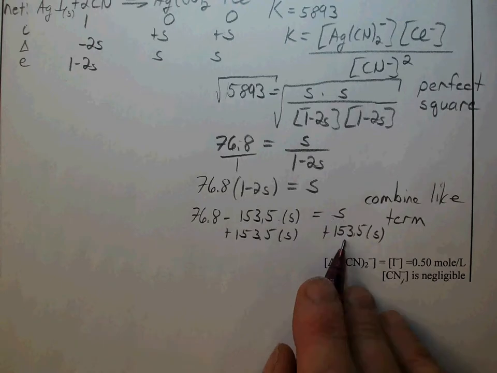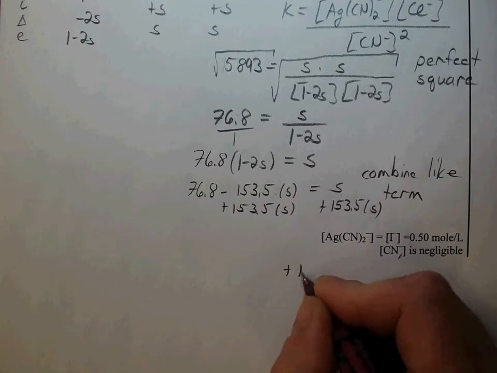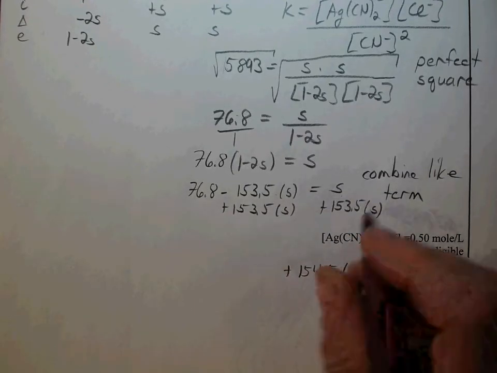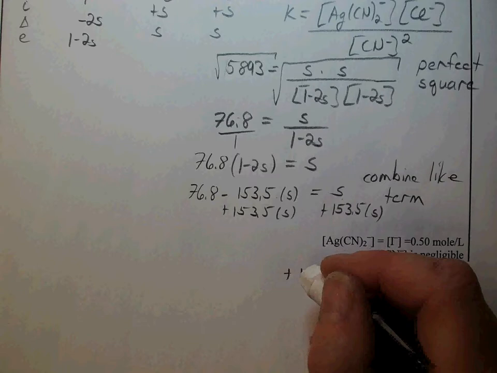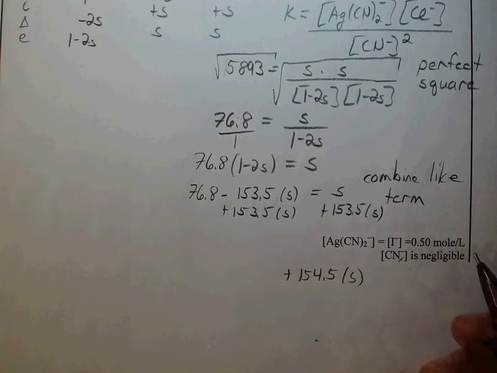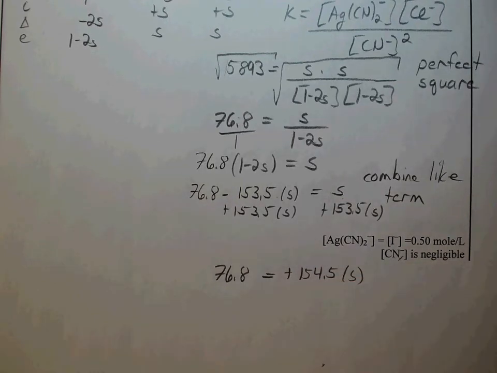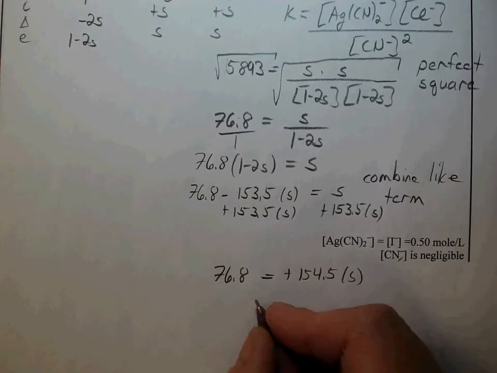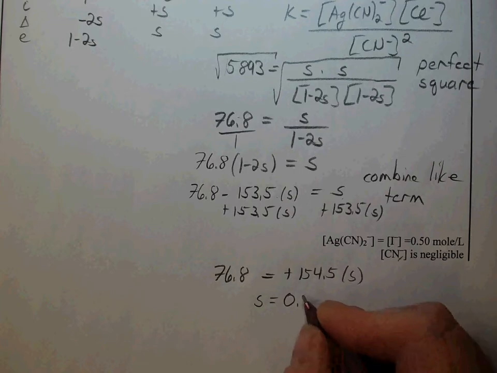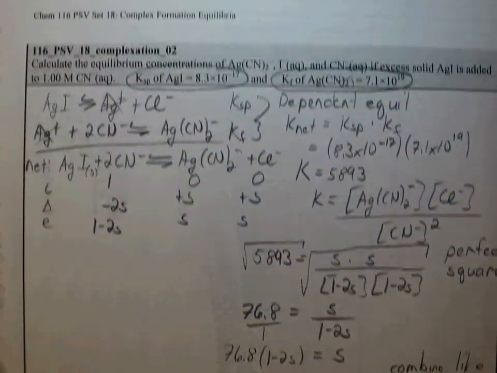Okay, so we have 1S plus 153.5S, and that's going to equal 154.5 times S. The other side of the equation is 76.8, and that's equal to a positive 154.5S, and S is therefore going to be equal to 0.497. Alright, so now that we have S, we can go back and answer our question.